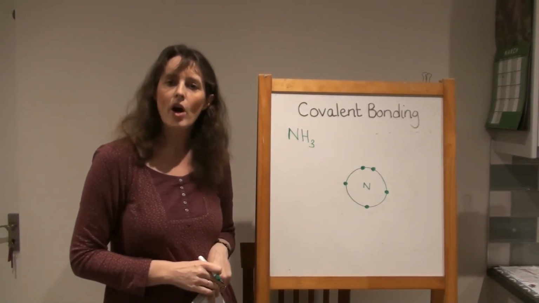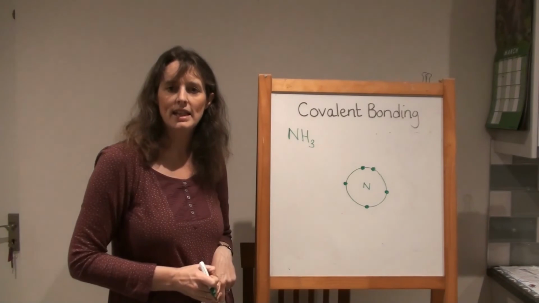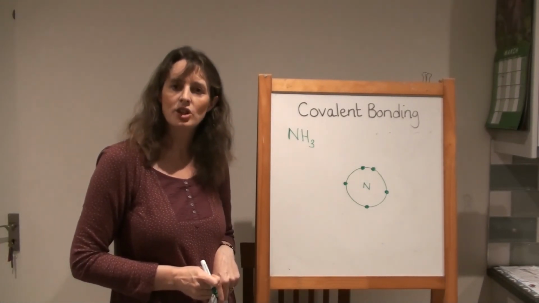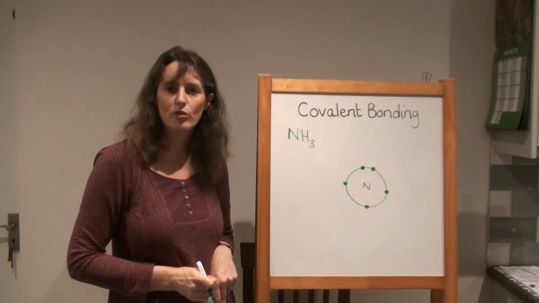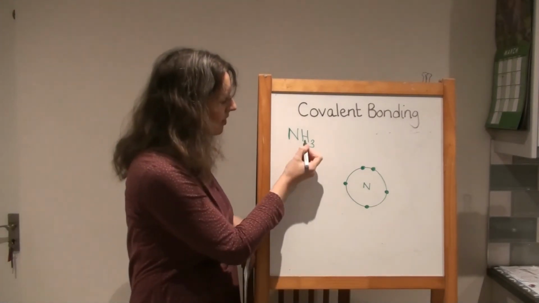If it has 5 electrons in the outer shell, how many more does it need? That's right, it needs 3 more, and to do that, it has to share 3 electrons to get 3 back in return. And it's sharing with hydrogen.